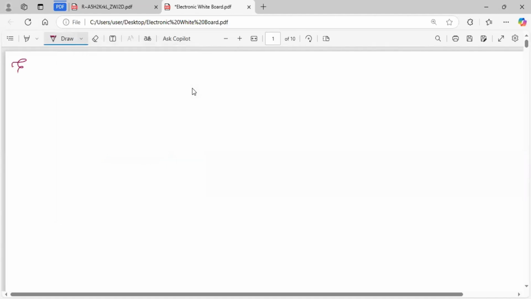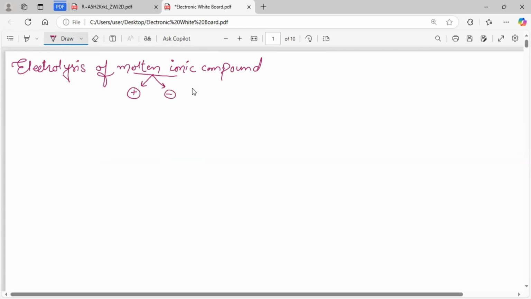Yesterday, we learned electrolysis of molten ionic compounds like molten lead chloride or sodium chloride. In a molten ionic compound, there are only two types of ions: one is cation and the other is anion. In sodium chloride, one was Na positive and the other was Cl negative.